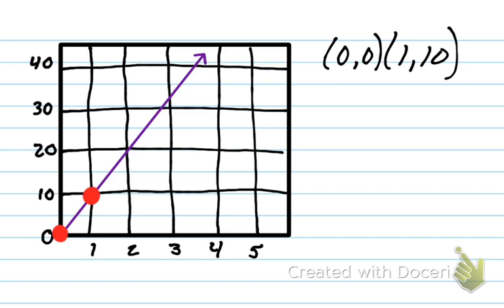And now you can find your slope, okay? You can find it using the ordered pairs, or you can count rise over run. How many did it rise between the 2 points? 10. And how many did it run? 1. Okay, now if I come over here to my ordered pairs, 10 minus 0 over 1 minus 0.